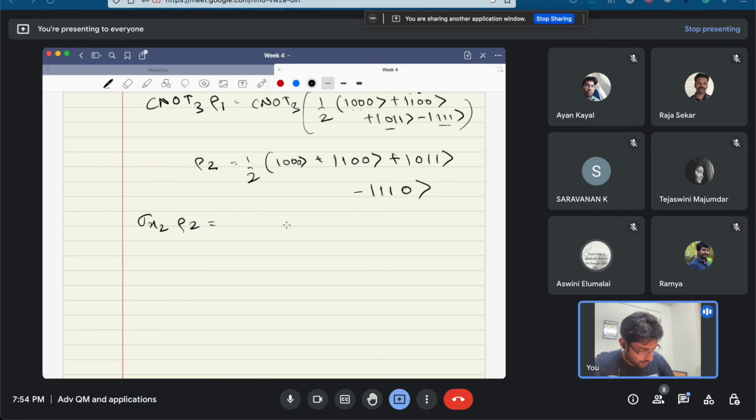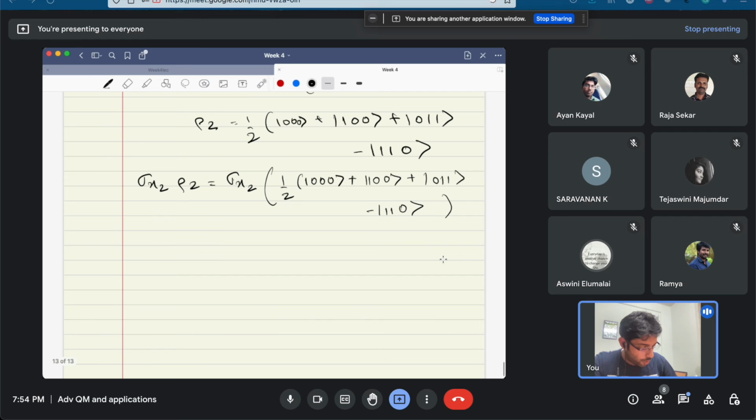So let us say we had sigma x2 on 1 0 0, minus 1 1 0, right? So it's only operating on the second qubit. That means only these will be flipped.